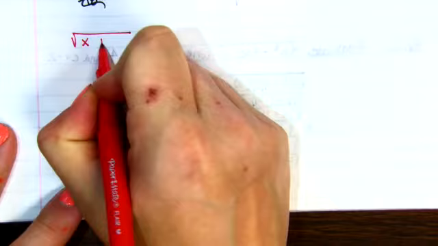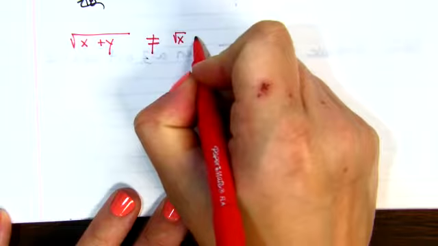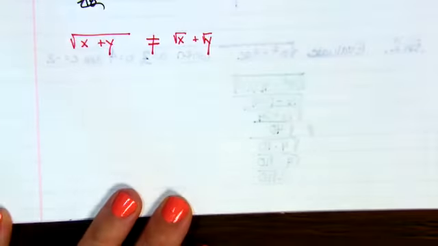Now, as you go through these problems where you're simplifying, and there is a real-world example where you substitute some numbers and go through, you can just look at that example in your book. But something that I just want to point out to you is that if you had the square root of x plus y all under the square root, that is not the same as the square root of x plus the square root of y.